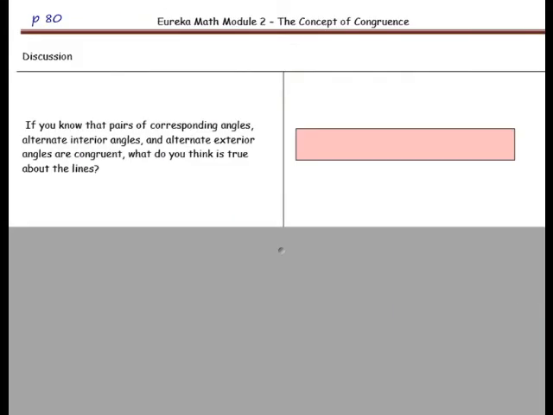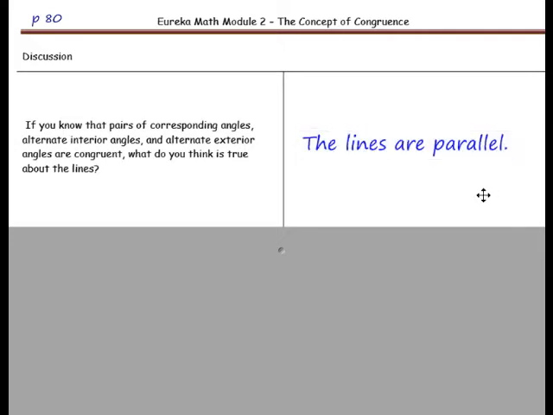Okay, turn your page. If you know that pairs of corresponding angles, alternate interior angles, and alternate exterior angles are congruent, what do you think is true about the lines? The lines are parallel.